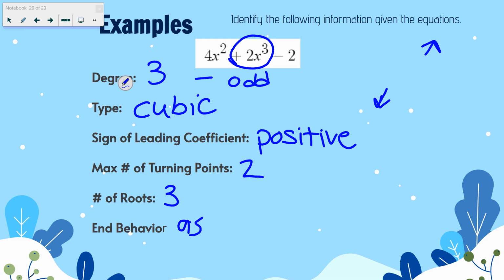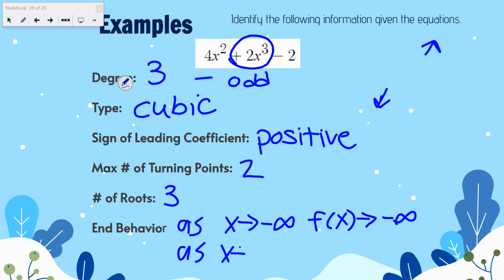As x approaches negative infinity, what would f of x approach? Negative infinity. And as x approaches positive infinity, what would f of x approach? Great job. Those should match up. Meaning negative, negative, positive, positive.